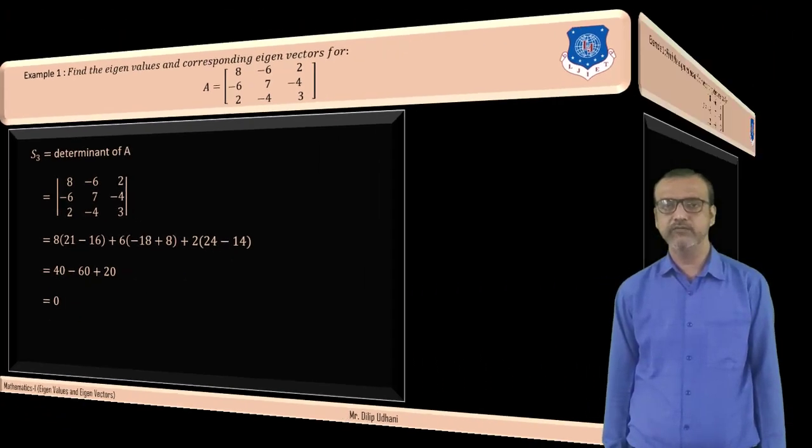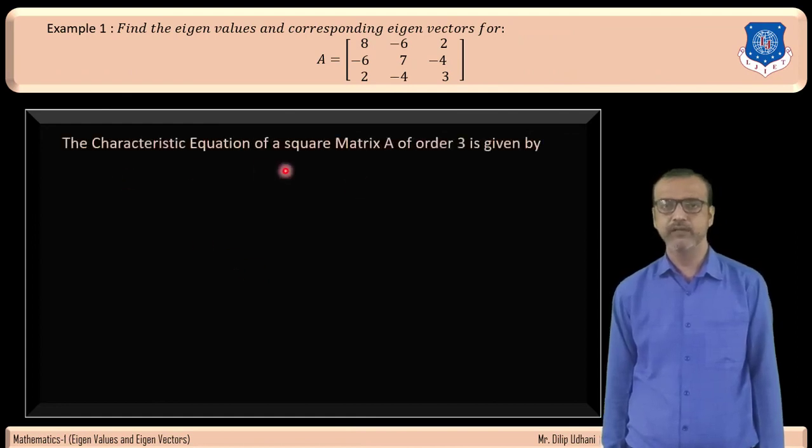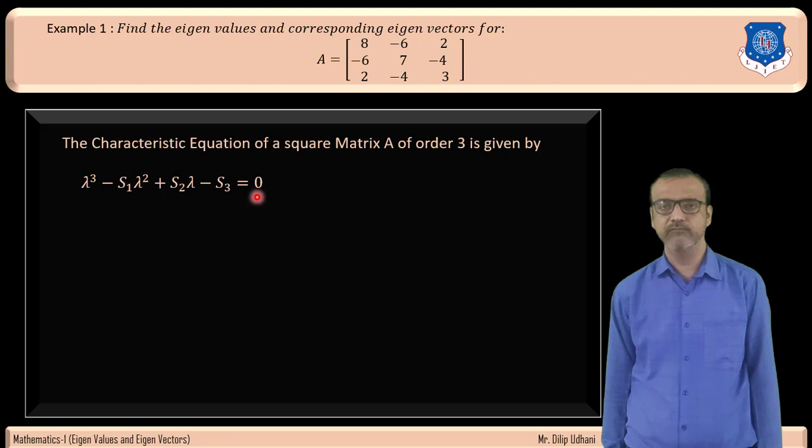Now the characteristic equation of a square matrix A of order 3 is given by lambda cube minus s1 lambda square plus s2 lambda minus s3 equals 0. Here we will put the values of s1, s2 and s3. So we have lambda cube minus 18 lambda square plus 45 lambda, and as you know the value of s3 is 0.